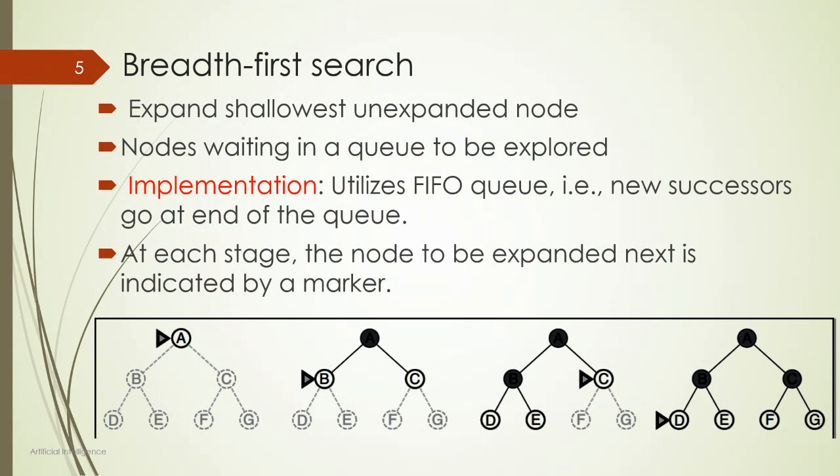So let's say my problem, whatever problem it is, can be the vacuum cleaner, can be 8 Queens, can be the puzzle, or others, will be expanded in a tree like this. The decision I have to make needs to go through different states to find the right sequence. So expand the shallowest unexpanded node.